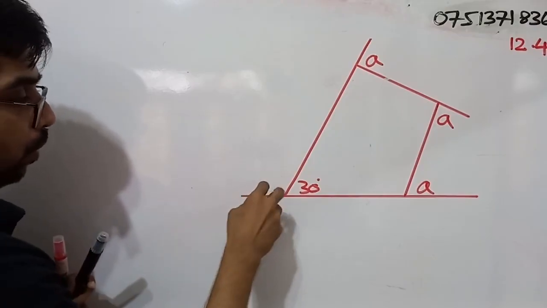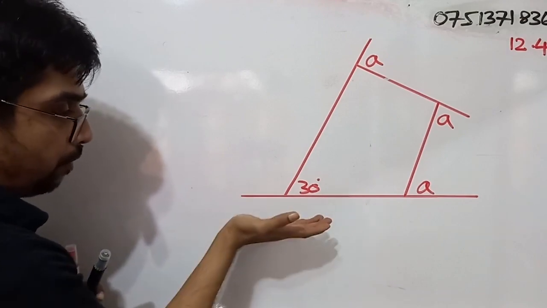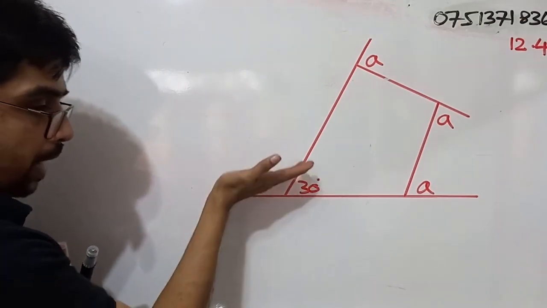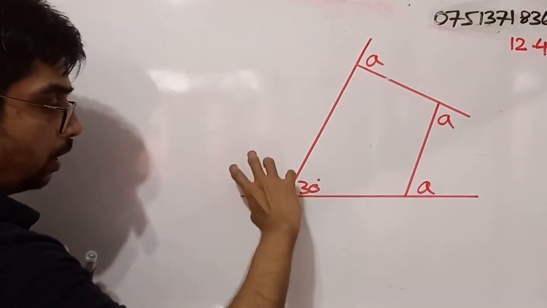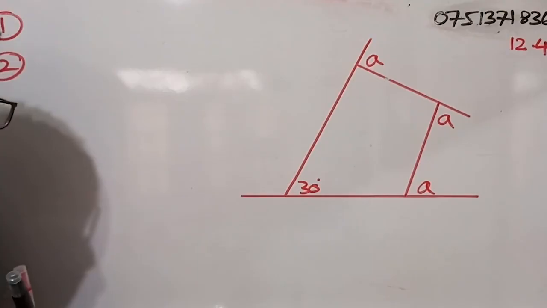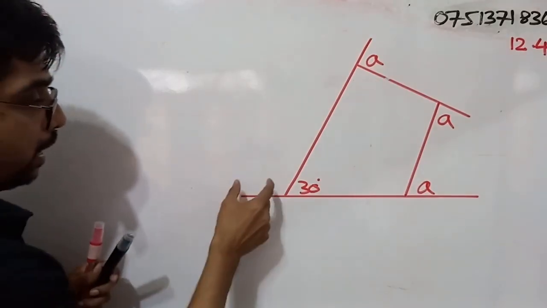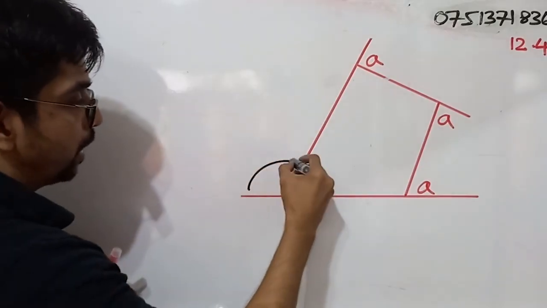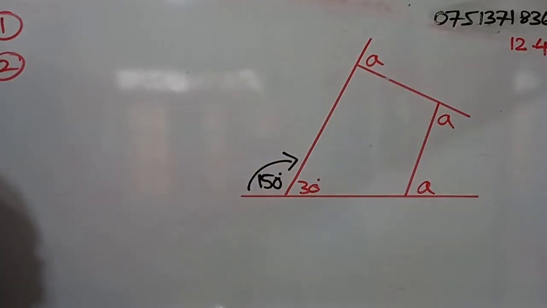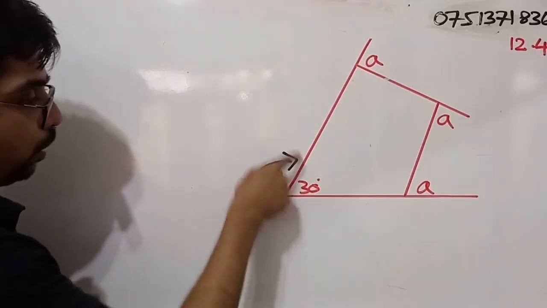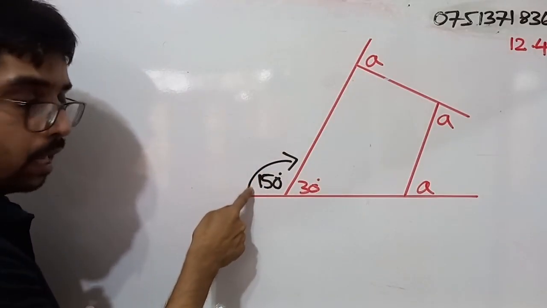So we know this is a straight line. If we consider one side of a straight line, all the adjacent angles, the sum is equal to 180. So definitely this angle, from here to here, the magnitude is 150.